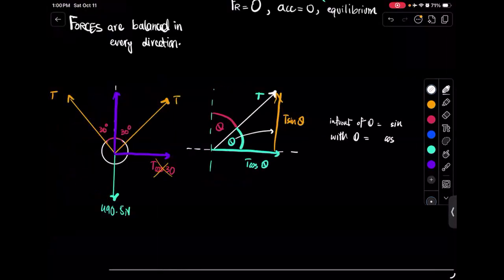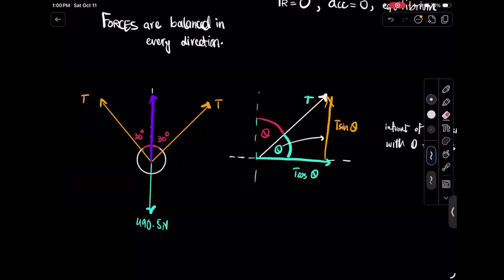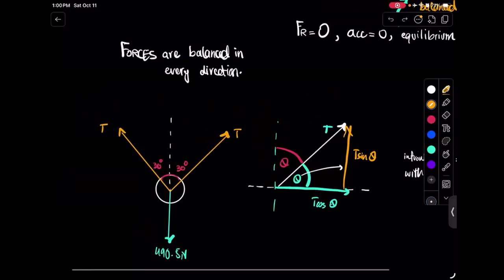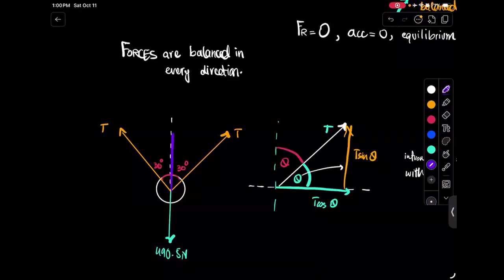But now we've been given the other angle, this angle 30. So what do you do? First of all, let's break it into its components. This is the vertical component, and this is the horizontal component.